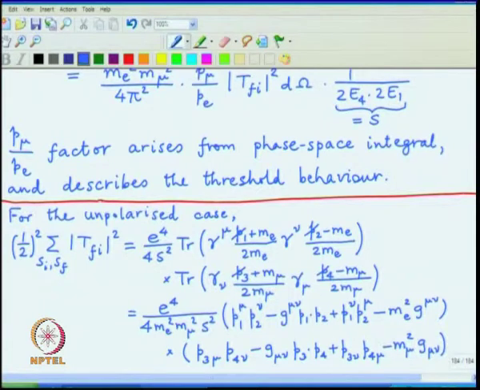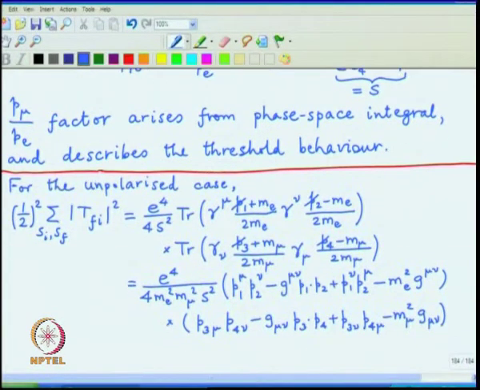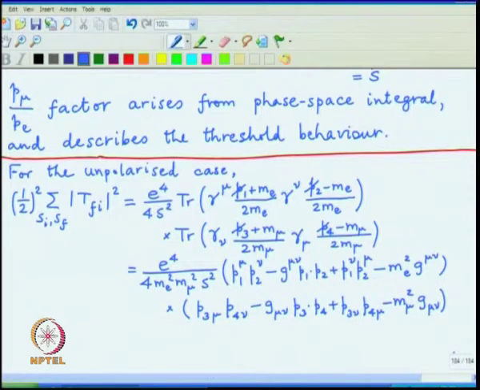And so, that is the result. Now, to calculate it, we have to do the various dot products, and that can be done in a straightforward manner depending on what gets contracted with what.